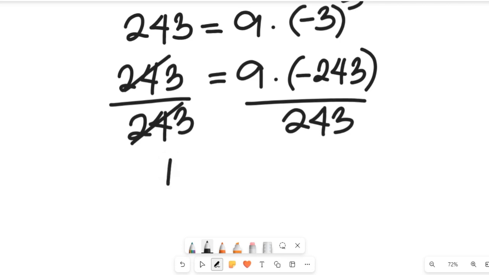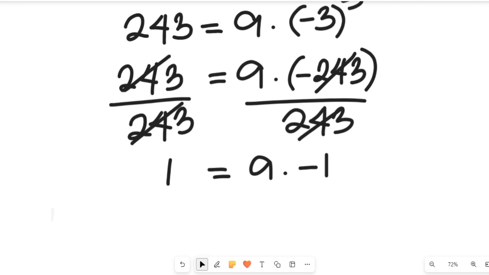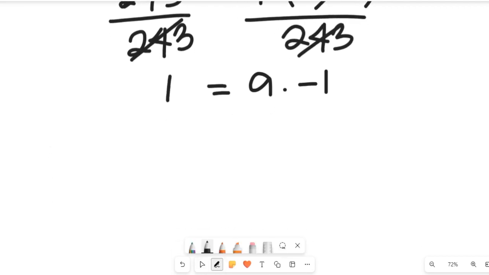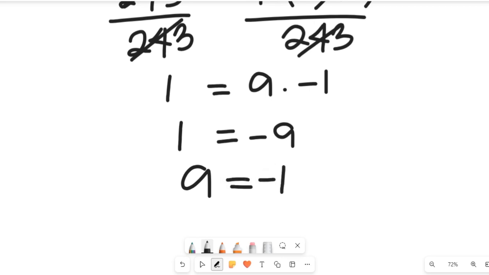And then 243 here will clear 243, and then we'll have this equal to A multiplied by negative 1. If A multiplies by negative 1, we're going to have a negative A equal to 1. So if we multiply both sides by negative, A will now be equal to minus 1. So our A is equal to -1.